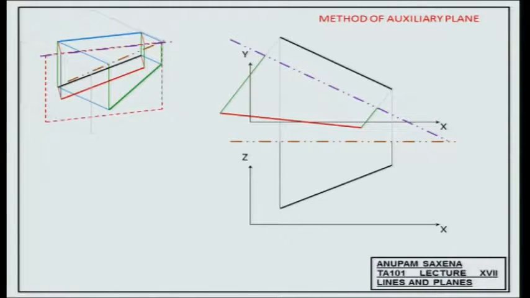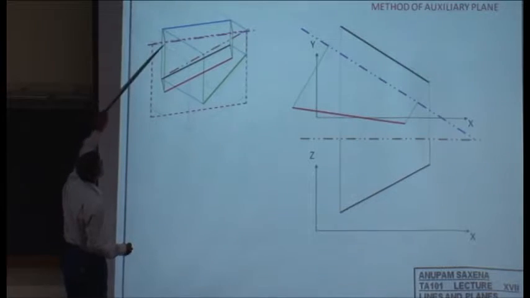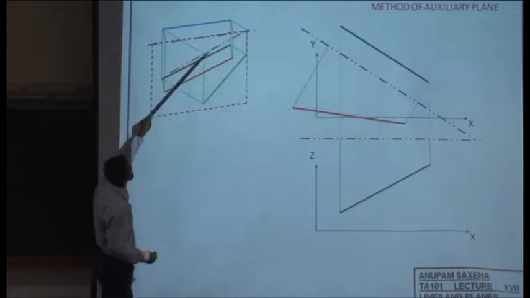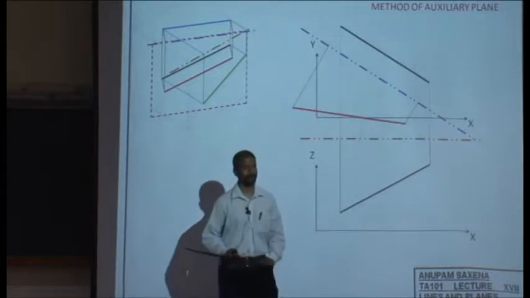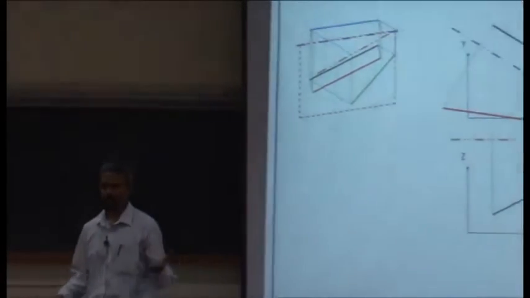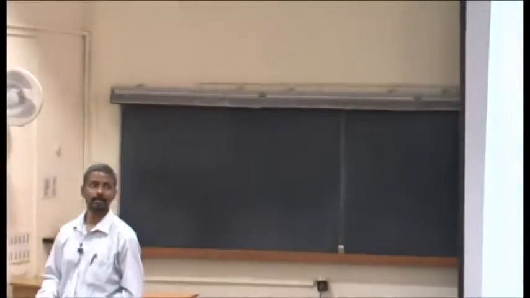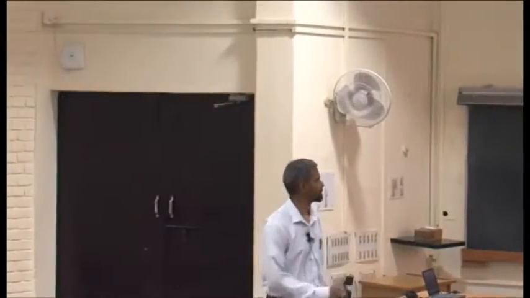So essentially what I've done is I have rotated this red plane about the hinge line, maintaining these two distances as this and this. And I have the true length of the line on the auxiliary plane. Do you agree? Good.